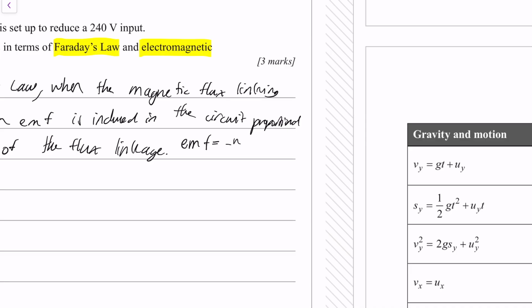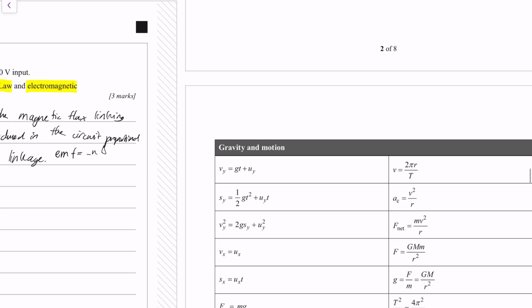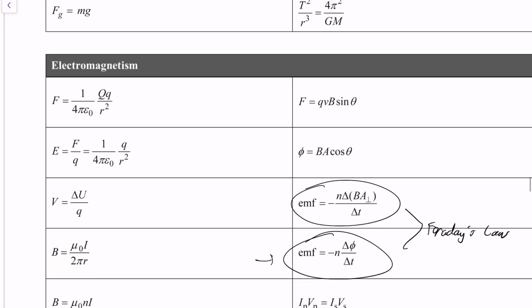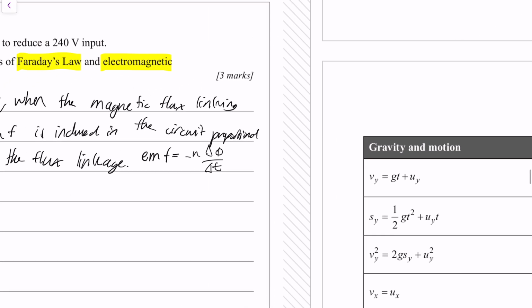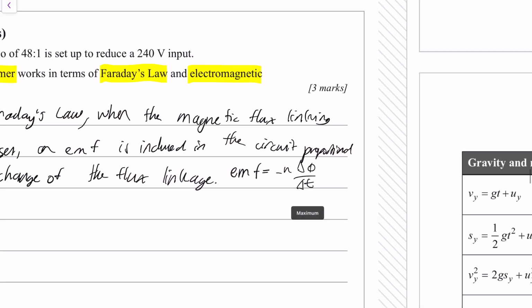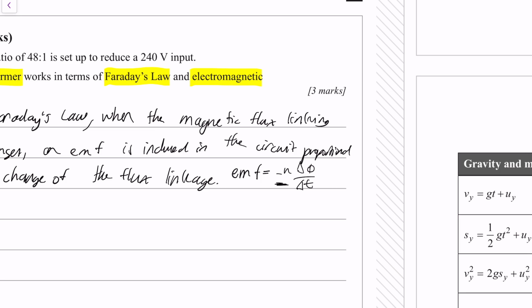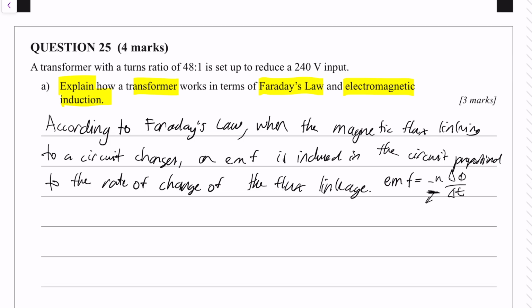Negative n delta delta t. Okay, so just think about it. If we think of our negative n as our outside sort of variable, then magnetic flux linking to a circuit changes, right?